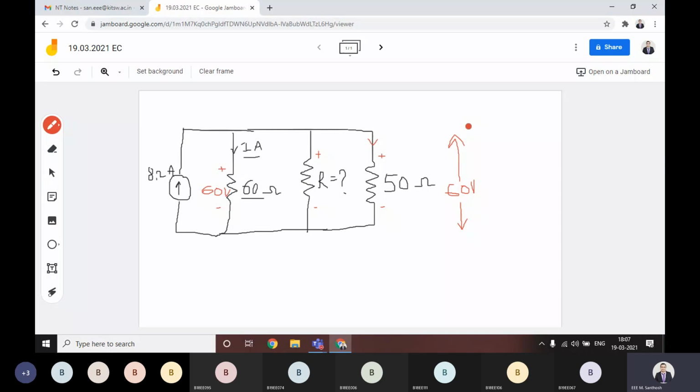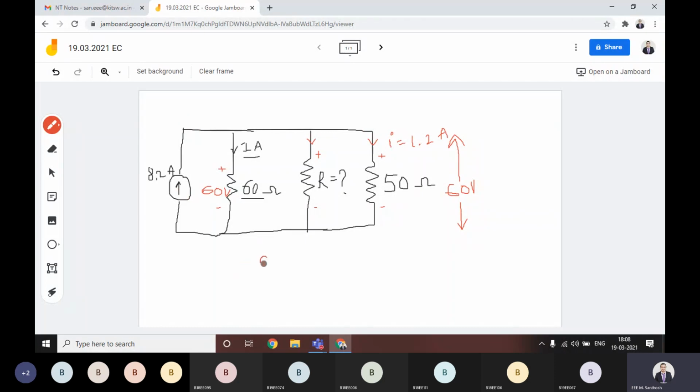How much will you get? 1.2 amperes. Then this current is entering and these are leaving, and everything is at the same node, so you apply KCL.